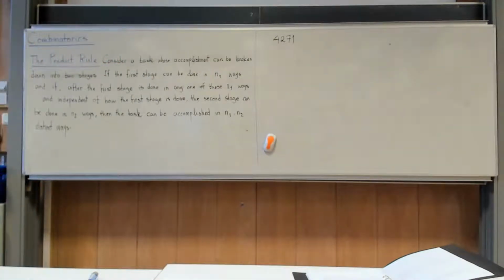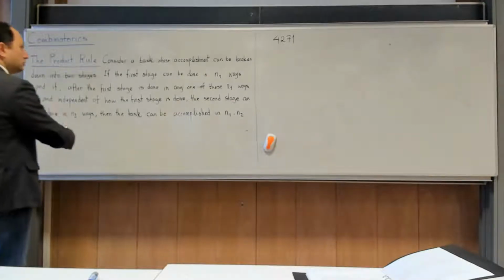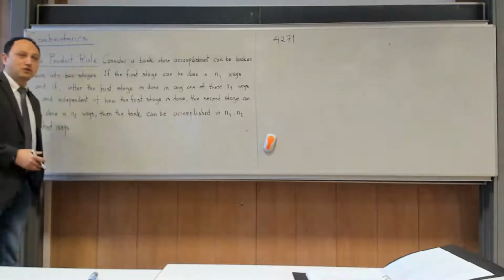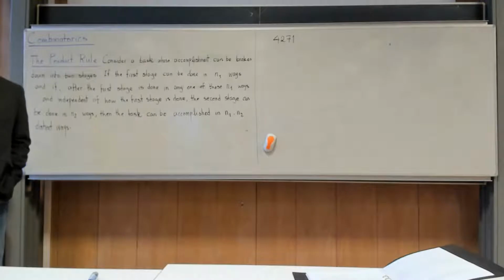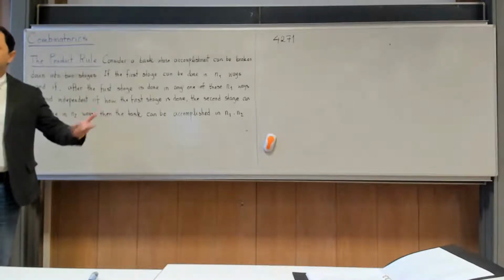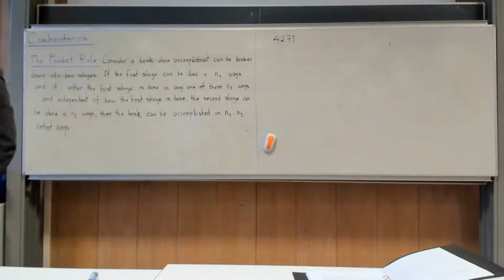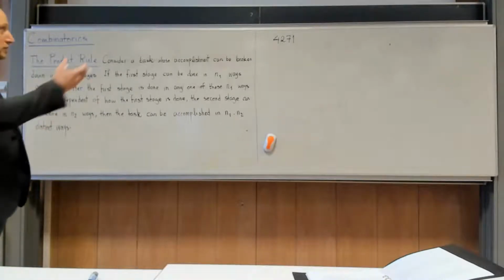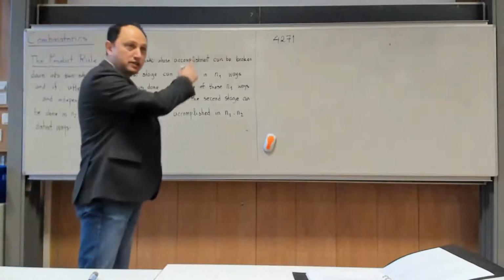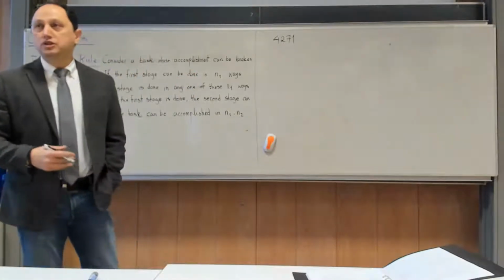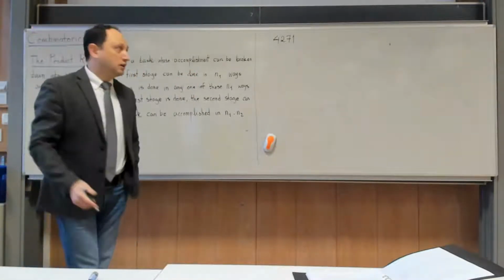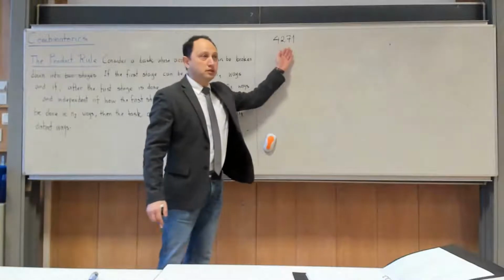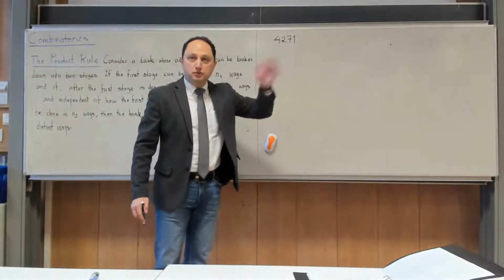More or less the same ideas of the product rule and another, even simpler rule, the sum rule, will help. If I have 2 apples and 3 bananas, how many fruits do I have? 5. As simple as that. These two will help us count this number.